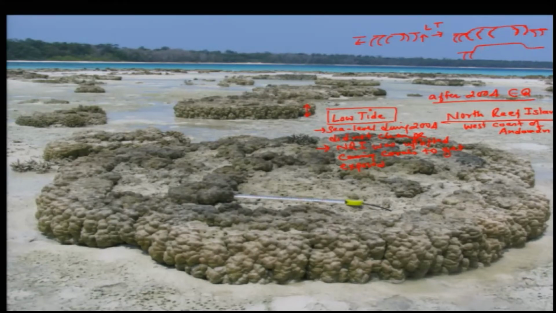Okay. We have to be careful when we are interpreting the coral structure, but of course, corals are very sensitive to climate change. So, if there is a lowering of sea level or rising of sea level, so basically if we say sea level change, then either we say sea level rise or sea level fall.